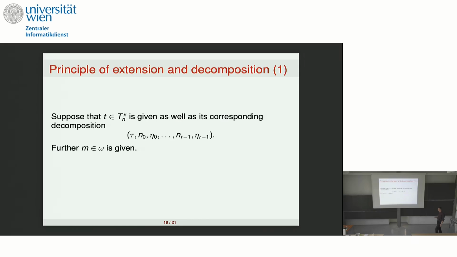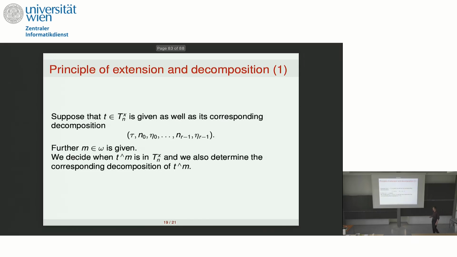Suppose that a natural number m is given, and now our task is to decide whether this extension will be in T_X n or not, and if this is the case, then we would also like to determine the corresponding decomposition.